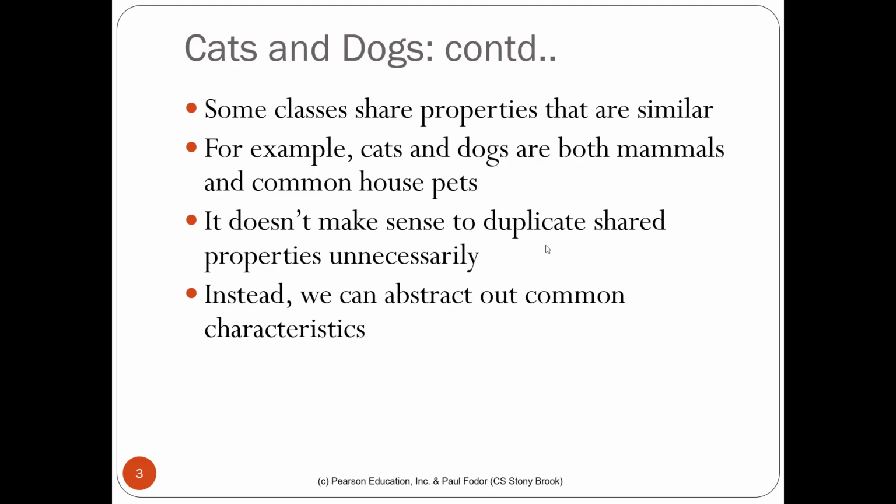How can we achieve this? By using inheritance. We should abstract out common characteristics between the classes, if it is possible. I like this term. In some cases it may not be possible, but for cats and dogs it is possible. We saw a lot of common properties between these two classes.